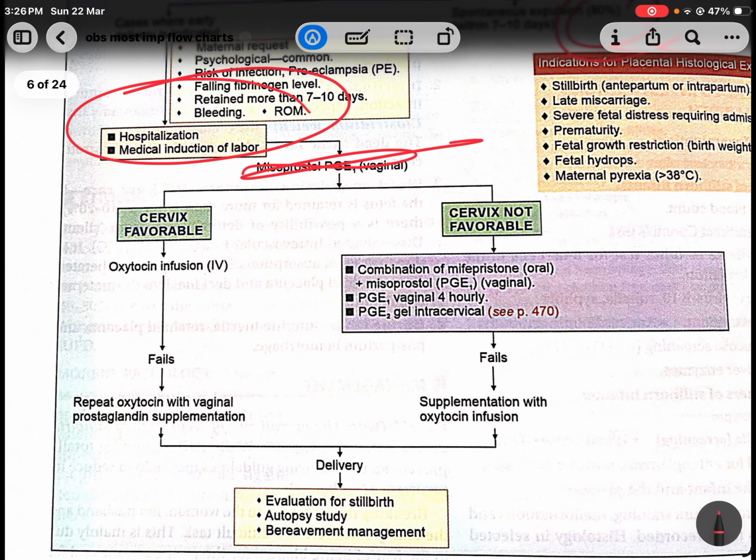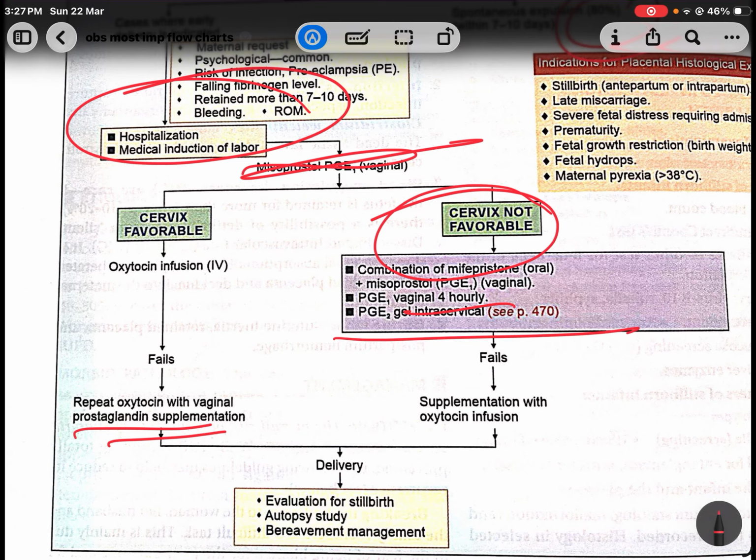If you are unable to do that, you can increase the prostaglandin supplementation, that is intrarectally or intravaginally. If it's not favorable, you will do it again and again. That's what they're saying, every 4 hours, and also Cerviprime gel, which is used for augmentation also.